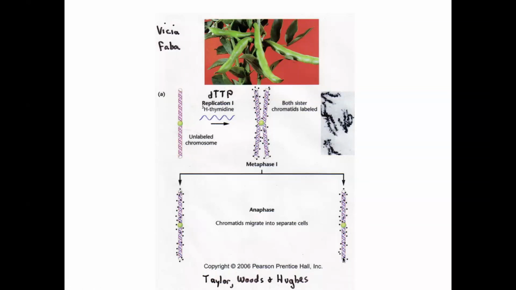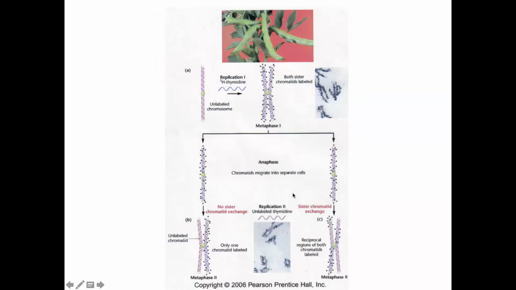So then they would allow for a second round of replication in the presence of non-radioactive thymidine. Okay, so the second round is with non-radioactive thymidine. And then they would capture the metaphase chromosomes and then determine the distribution of radioactivity.